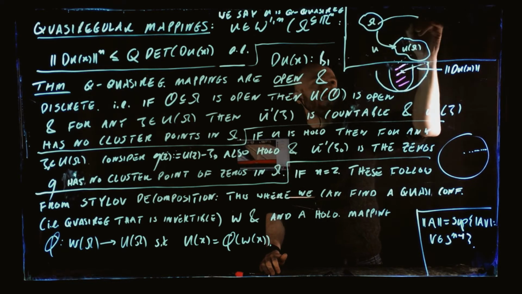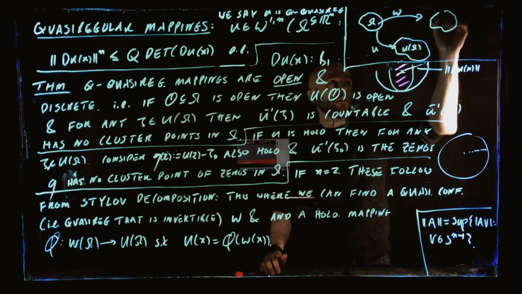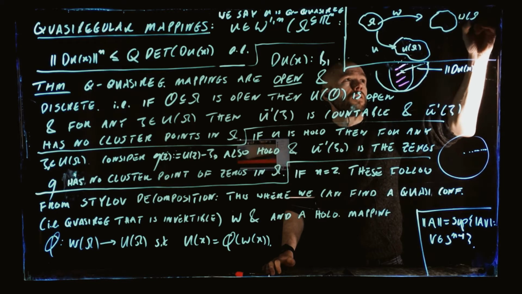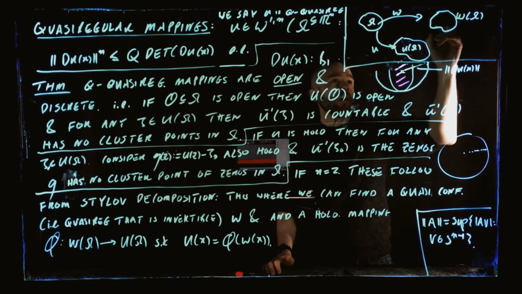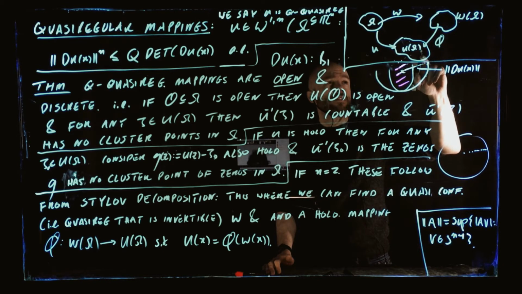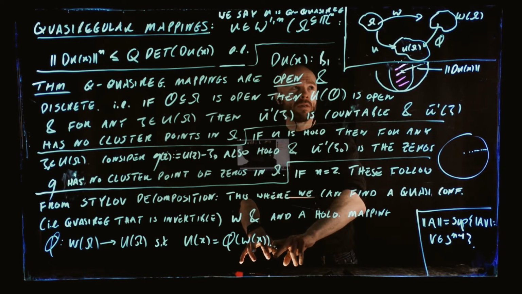And we have a mapping W that is invertible, that maps this thing to, let's say, this thing, and this is W of omega, like this, okay? And then we have this holomorphic mapping that maps from W of omega onto the image like this, right? So that's exactly this decomposition here, yeah?